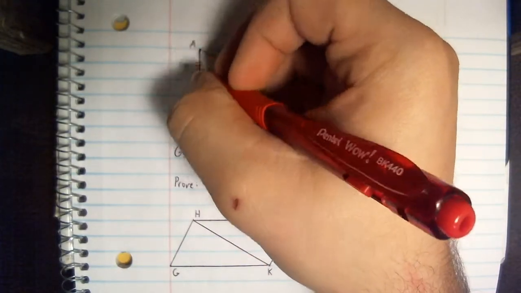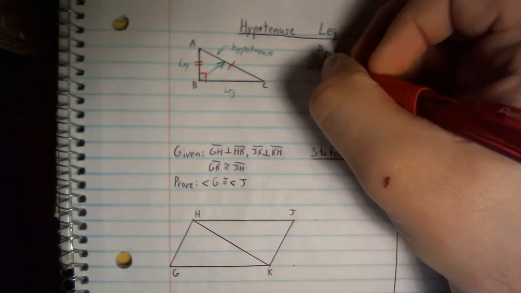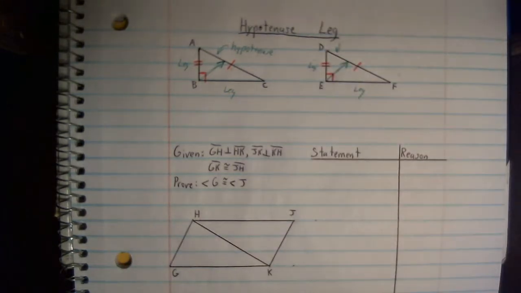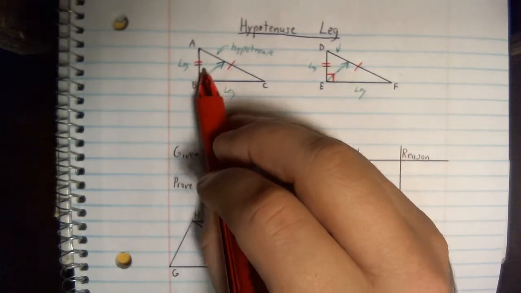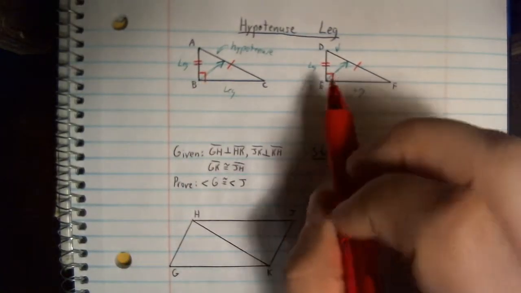So in this example, I would want AB and DE to be congruent. Now if we look, we notice we have hypotenuse leg. We also have a 90-degree angle present.